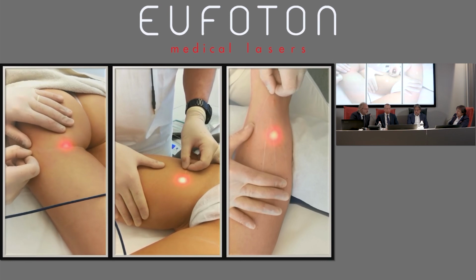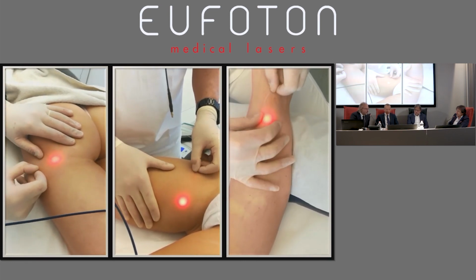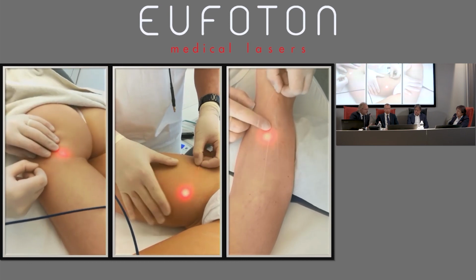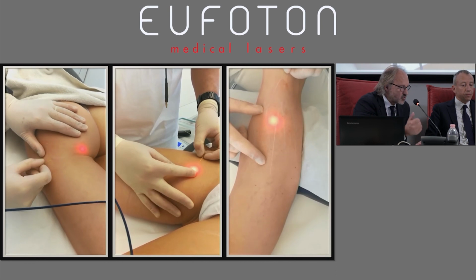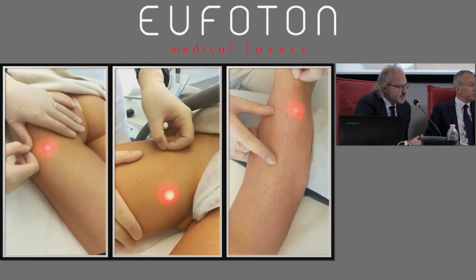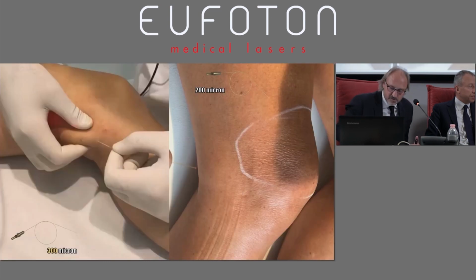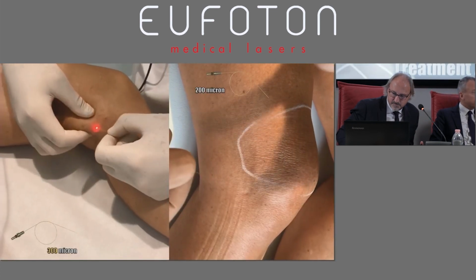I believe combination Focus US, Endolift and injectable stimulators, that's a good cocktail that always works. One single treatment is not enough. And above the knee, okay, I think that's an area that gives us excellent results.